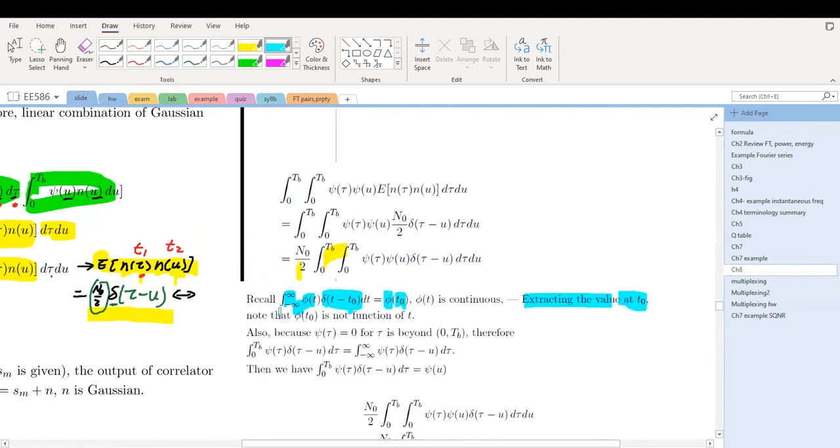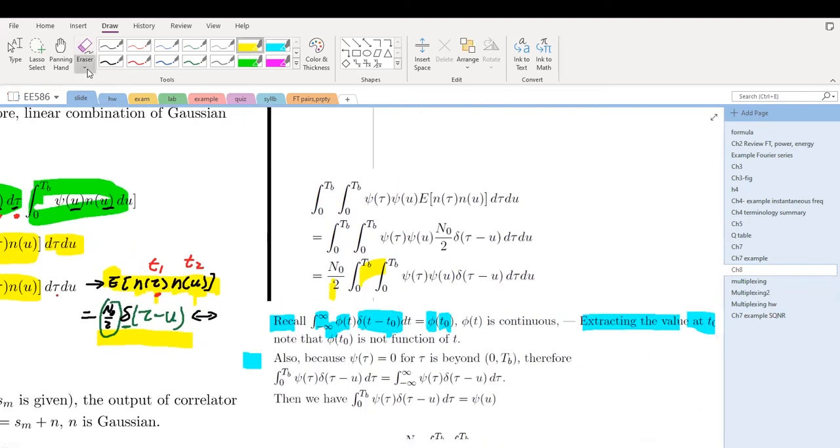This is a property of the delta function. Now we want to use this property, but we have the integral not from minus infinity to infinity, but from 0 to Tb. However, we know psi tau is a base function. It has 0 values outside 0 to Tb.